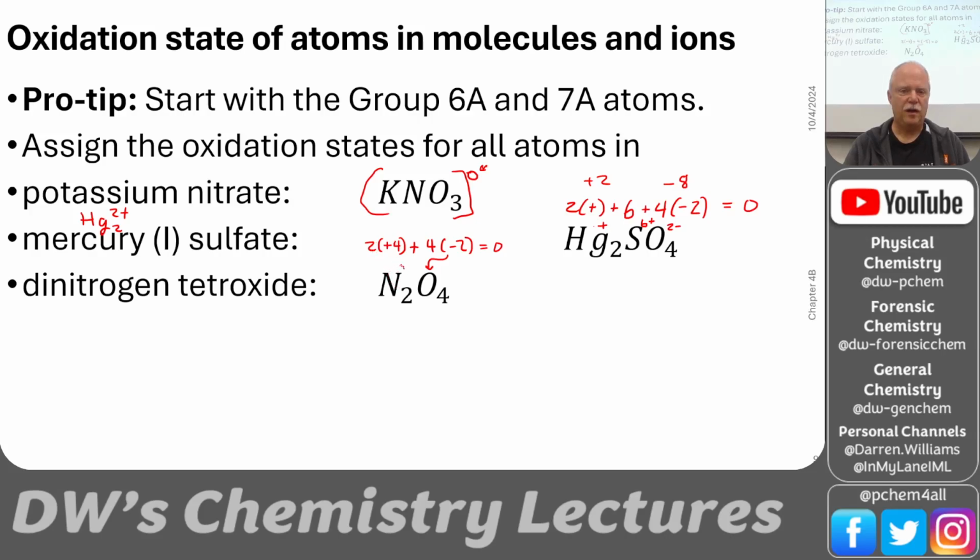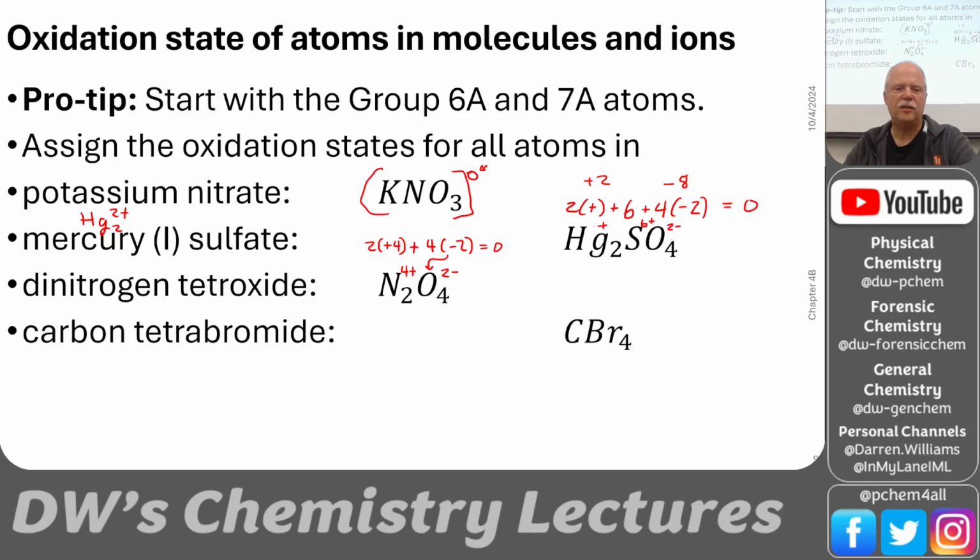So we've got on each of these nitrogens a 4+, and on each of these oxygens a 2-. 2 times 4 is equal to 4 times 2, so that's good. Everybody see that? I do lots of examples because, again, repetition is the mother of learning here.